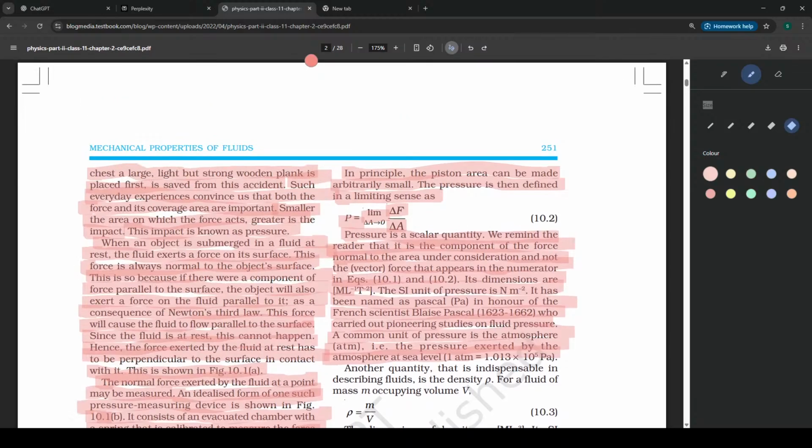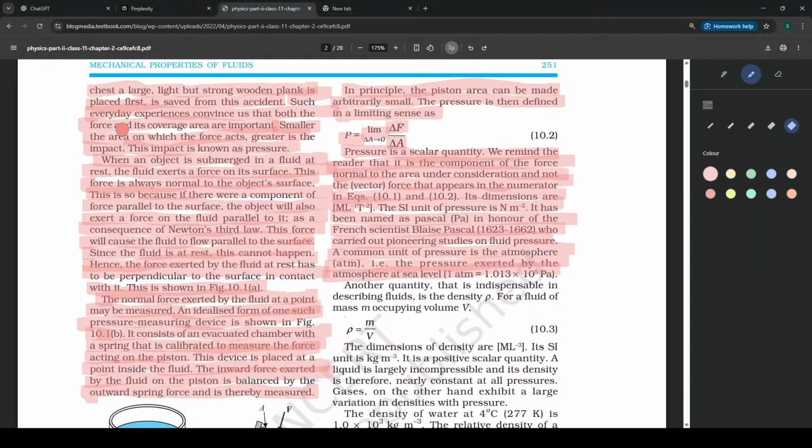Before that, let's understand what they have given here. We already know that pressure is the impact of force based on the coverage of area. The total impact of force based on coverage of area is known as pressure. So the lower the area, the higher the pressure.